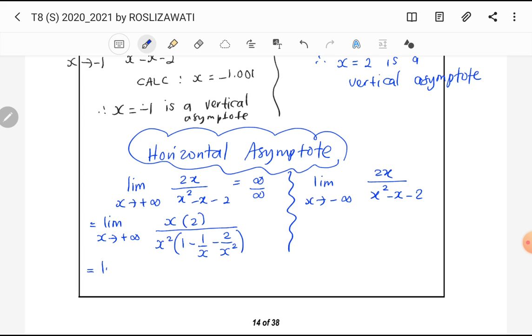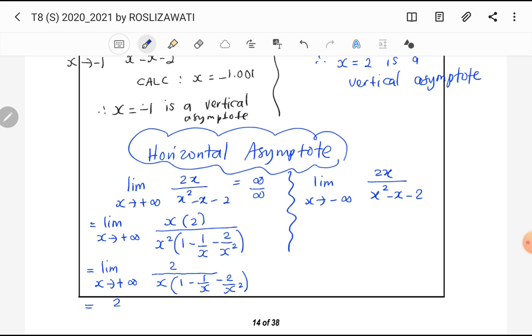And then we try to simplify. And we will get 2 over... Okay, apa yang tinggal? 2 over x. And then times 1 minus 1 over x minus 2 over x squared. Okay, final step, we substitute positive infinity inside.